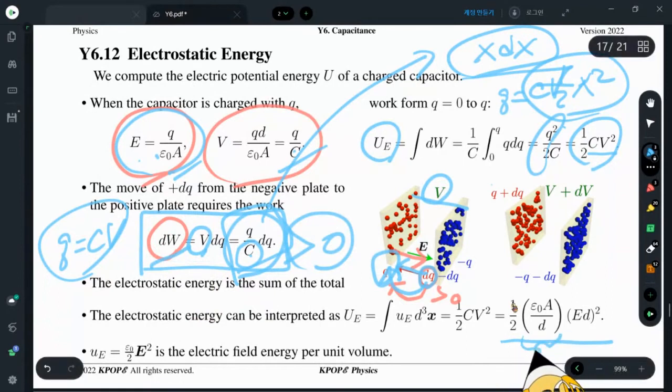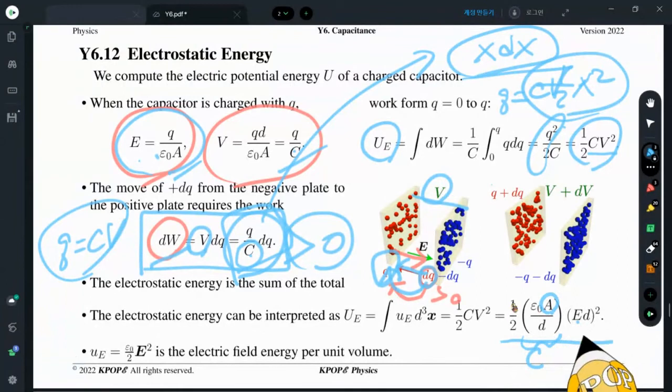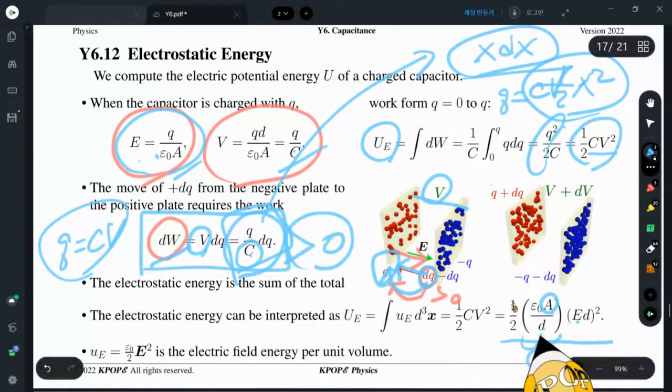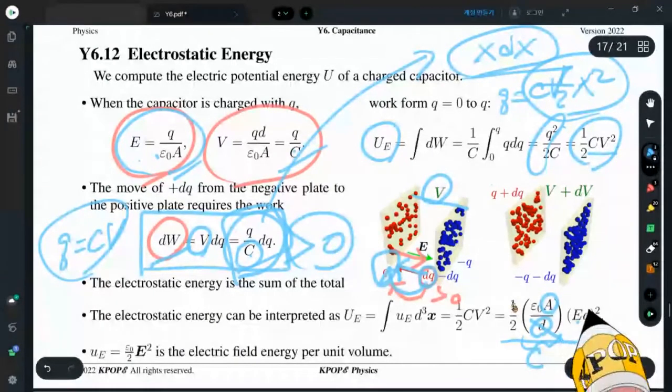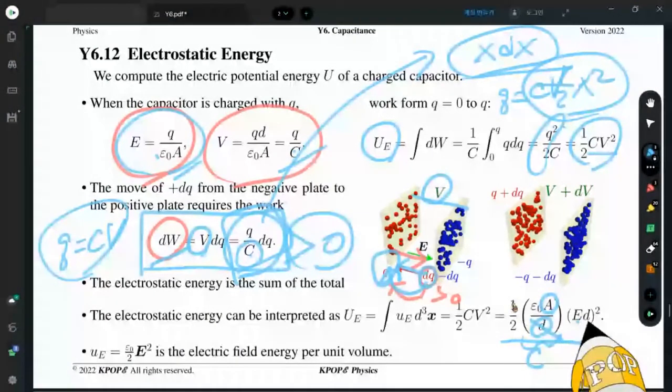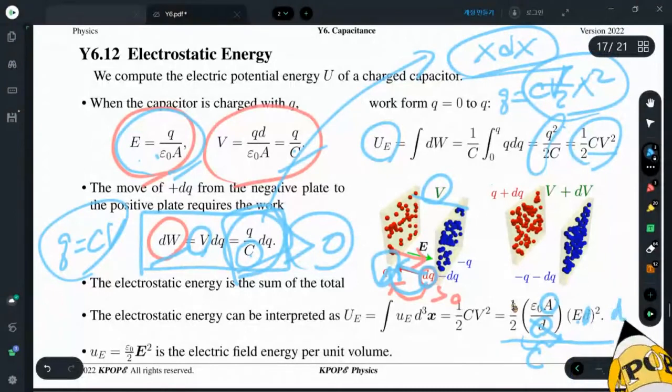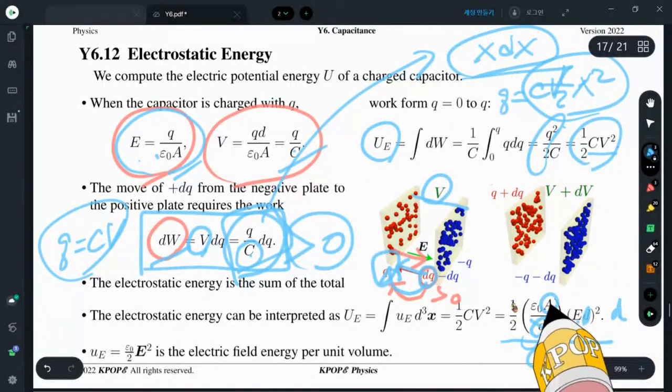C. And electric field, area, distance squared. And this distance cancels with this d squared, and removing this one, we will find d.